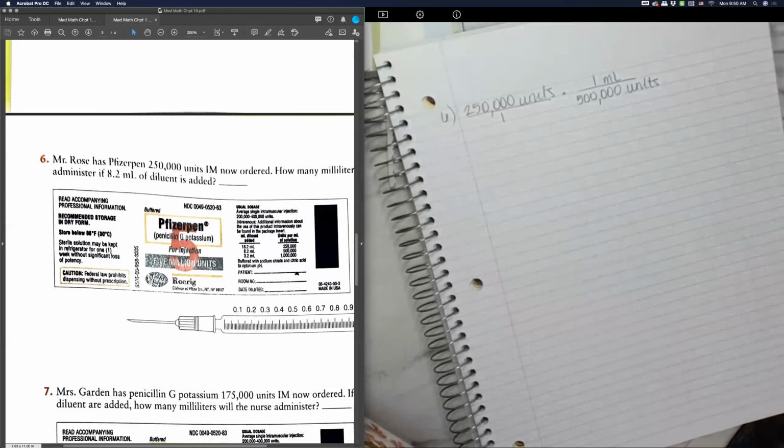Because again, looking at the top of the chart, it tells us units per milliliter. So per 1 milliliter.